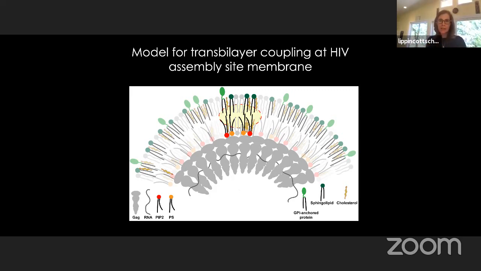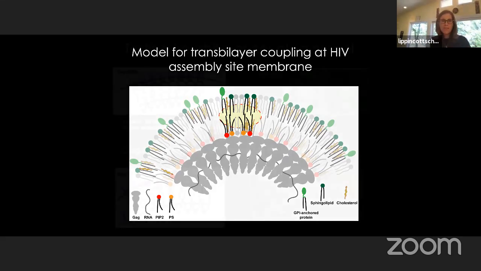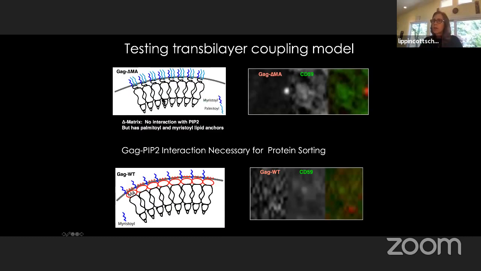So how do we test this transbilayer coupling model? Well, the way we've done it is to get rid of the MA domain on GAG. That MA domain has that positive charge stretch that we think is critical for binding to PIP2.